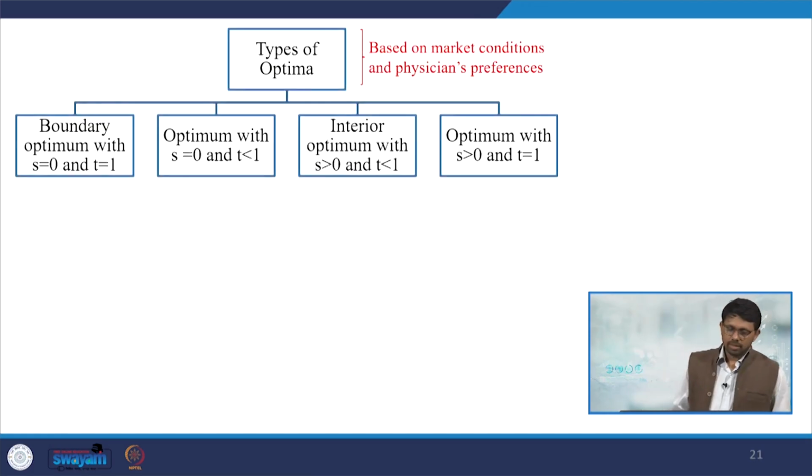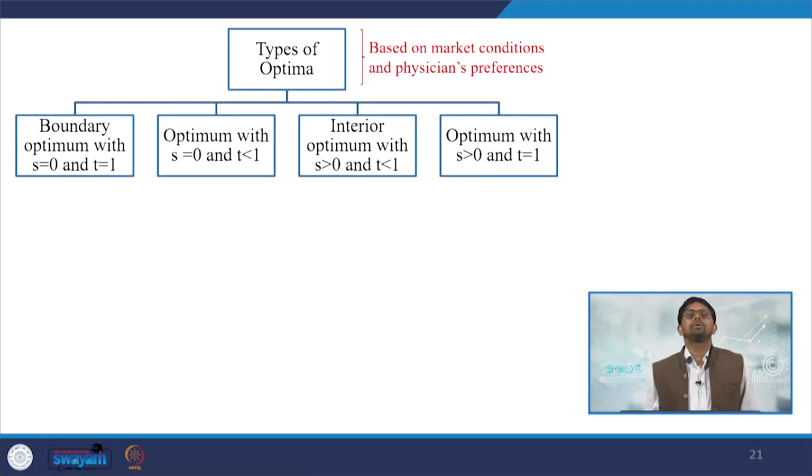So, here, for the type of optima, we know that we find the optimum conditions using the Lagrangian multiplier if the constraint function is identical in nature, or follows a strict boundary point.